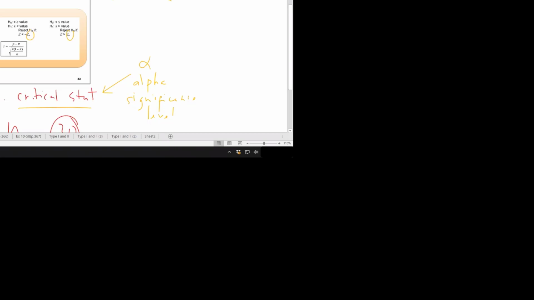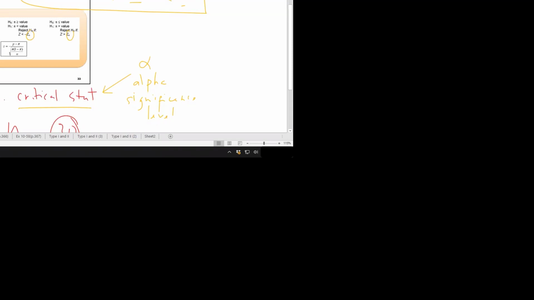Now this is probably an important decision rule to remember, because when you use the p-value as a decision rule, all you have to remember is that you will reject the null hypothesis if the p-value is less than alpha.